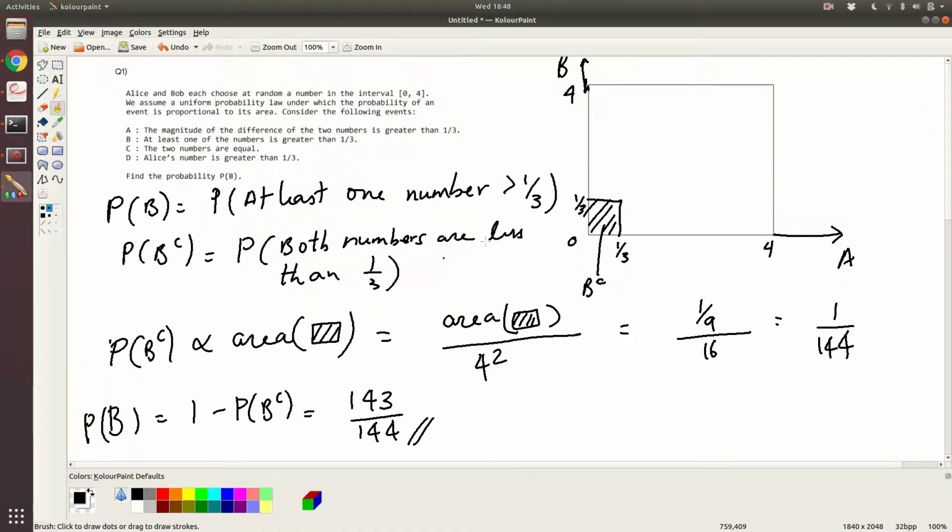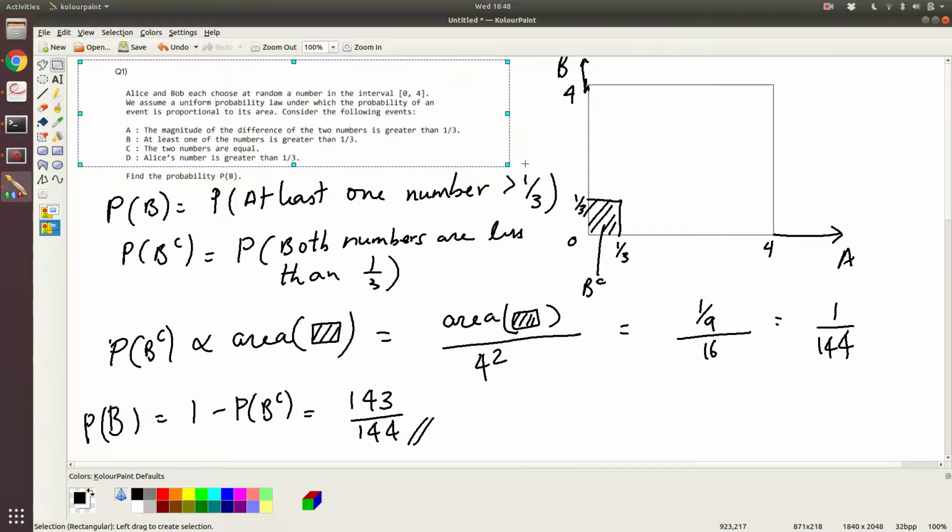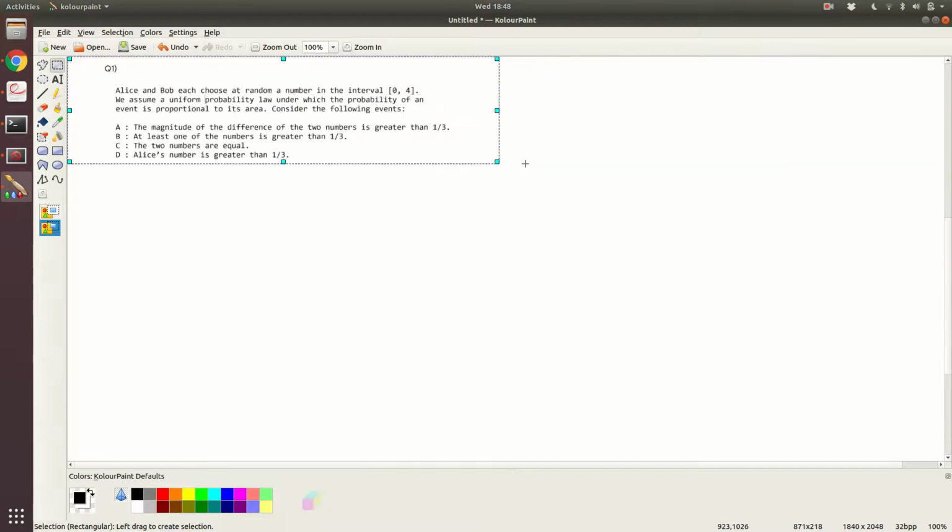So let me, I think we need to copy both the question and the figure somewhere. Maybe I will just copy the question. Okay, so let's write the figure again.